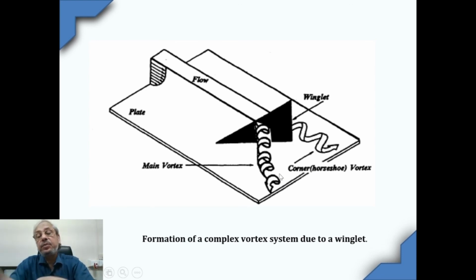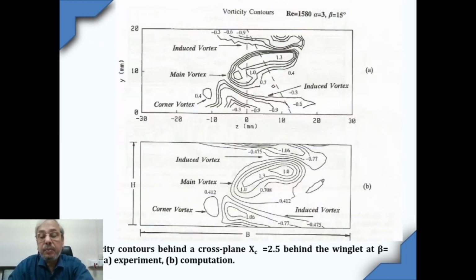These vortices keep interacting and spread all over the domain, all over the cross plane, and depending on the distance from the winglet trailing edge, this structure keeps changing. We have shown the flow structure at x equal to 2.5, and as I have said, we got an amazing match with the experimentally determined flow field.